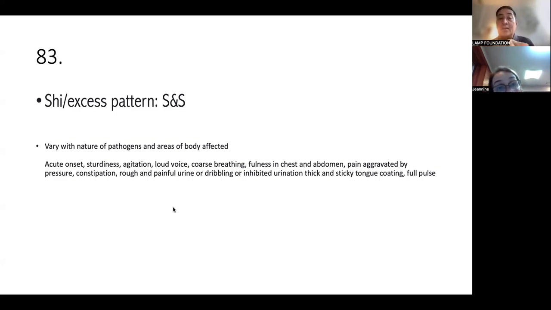If you notice, yung coating talaga niya makapal, no? Do you get it now? It can be acute. Kaya pag acute yan, excess yan.